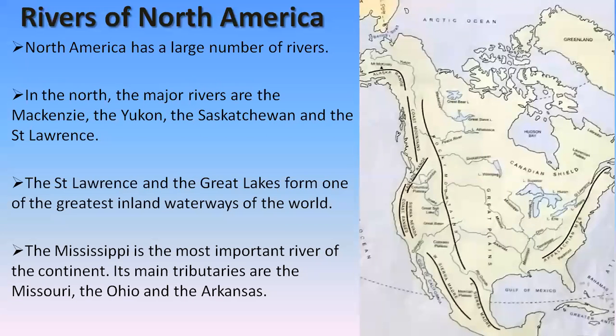And you can see that Mississippi, Missouri, Arkansas, Ohio form another river system over here, and this river system finally falls into the Gulf of Mexico.